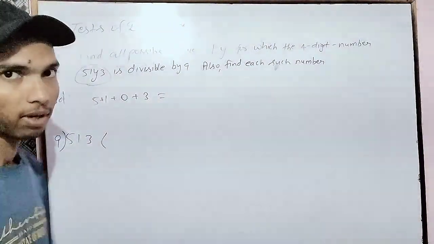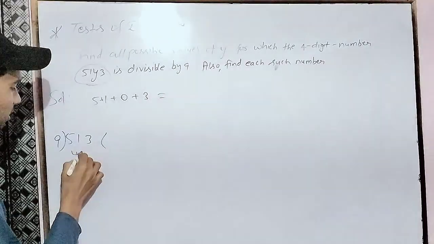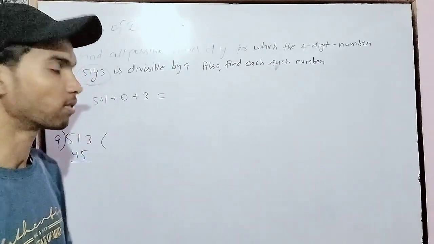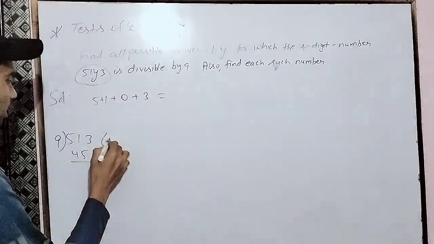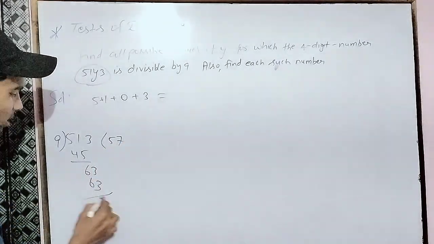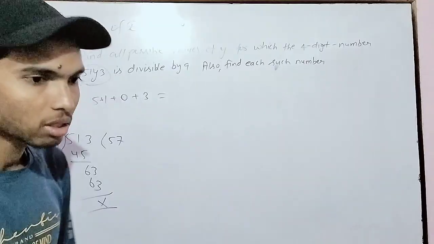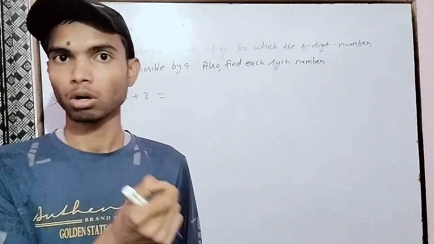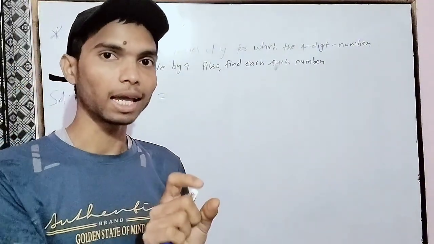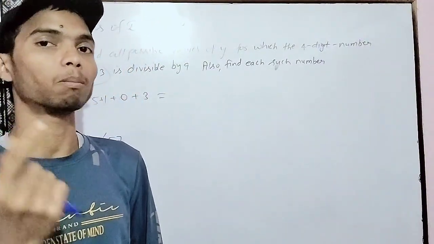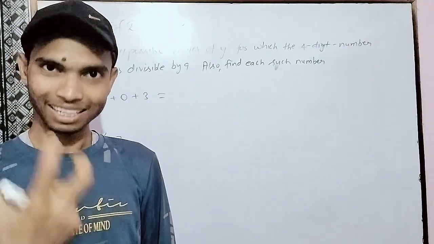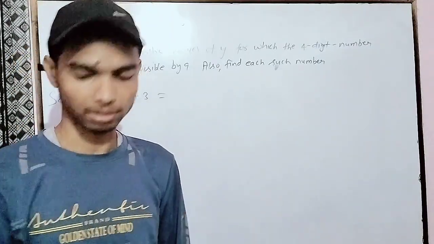9 5s are 45. 9 6s are how much? 54. 6, 3, and 9 7s. So here, the rule of 3 is the same for 9, but the condition is that the sum should not be less than 9.